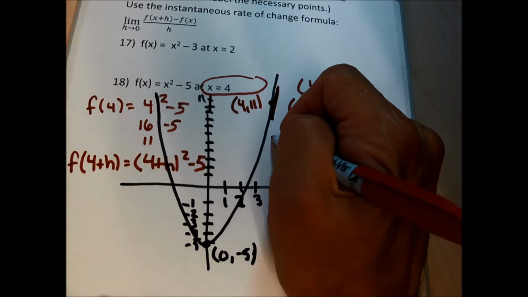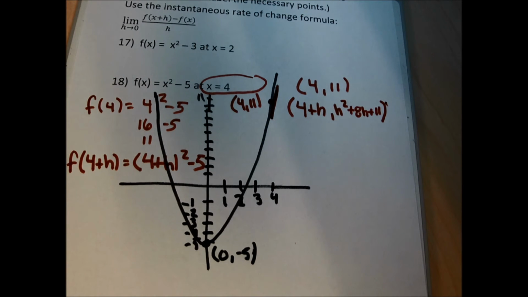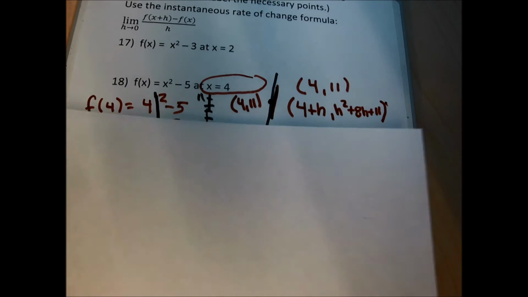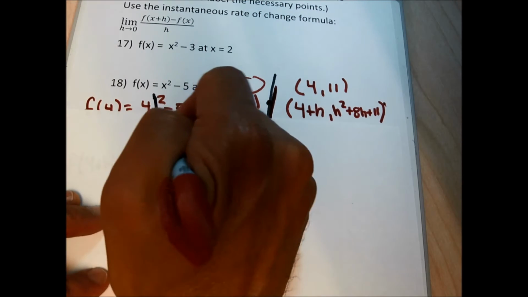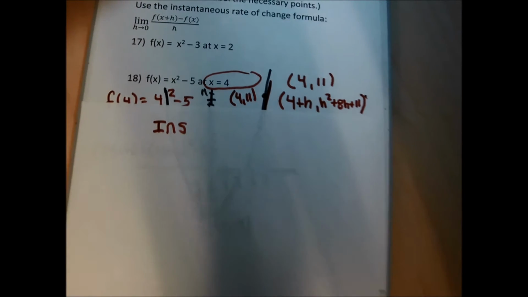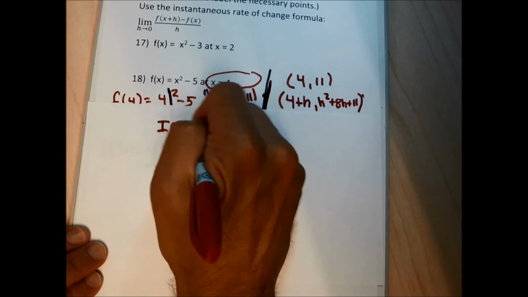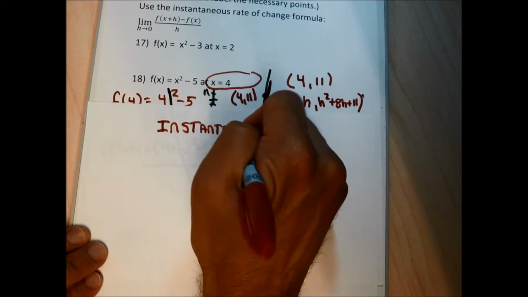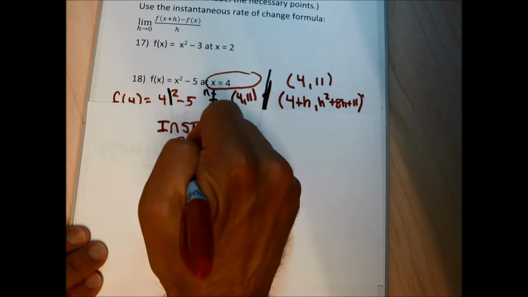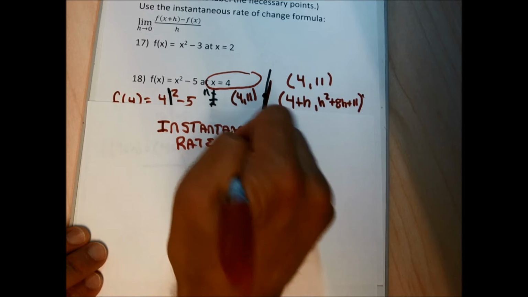So the instantaneous rate of change, I should pull out another sheet of paper. The instantaneous rate of change, it's just like an average rate of change, but it has a limit in it.